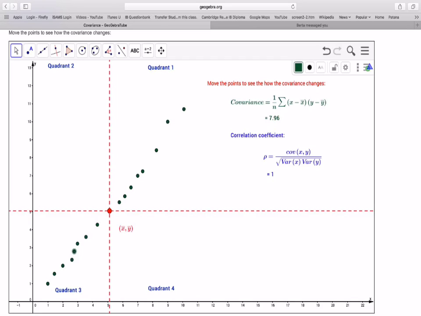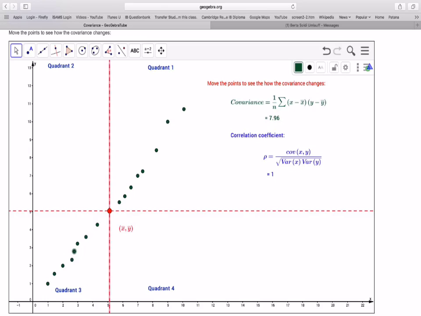Then I can have this thing called the correlation coefficient, which is calculated by the covariance divided by the square root of the variance of x times the square root of the variance of y. When I've got almost perfect positive linear correlation, this will be 1. So the covariance describes the relationship, and the measurement of that is called the correlation coefficient.